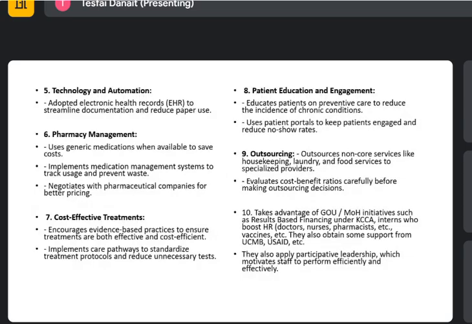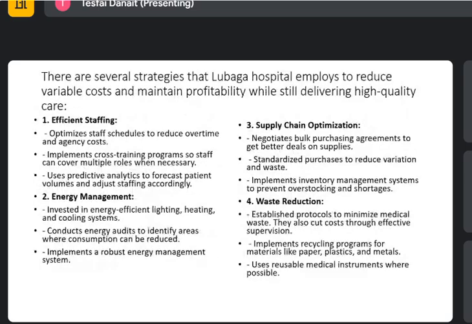So waste reduction, through effective supervision or using the analytics, they are able to stock what they need and not stock what they don't need.